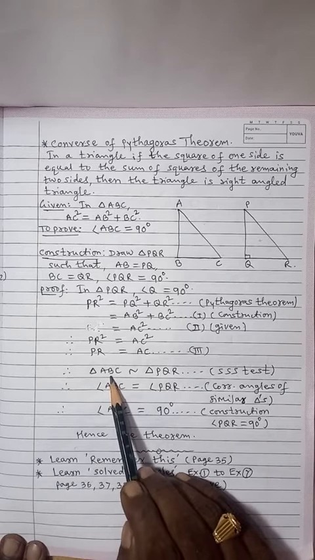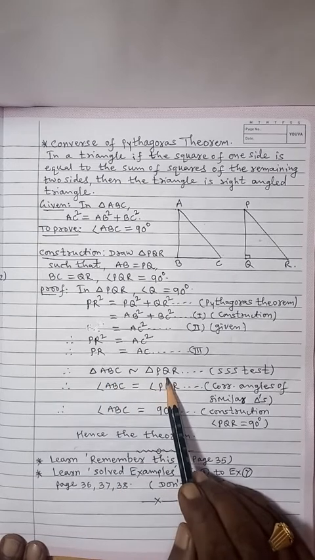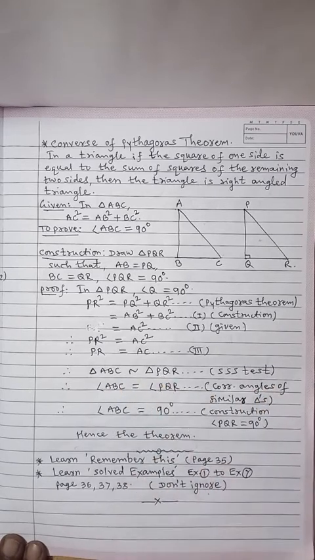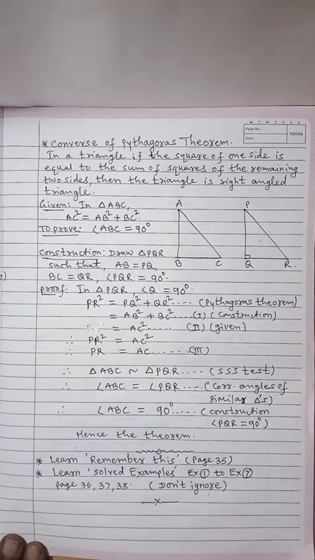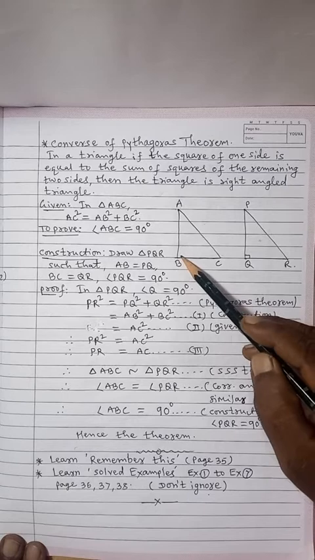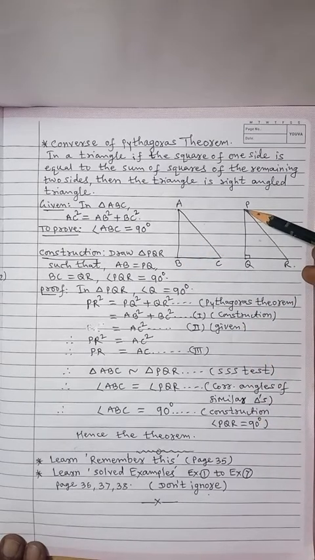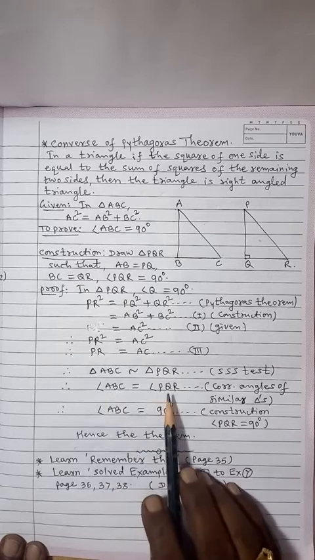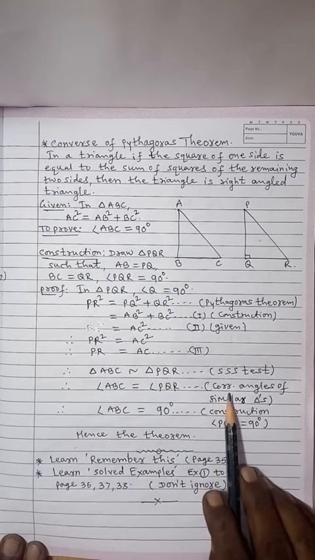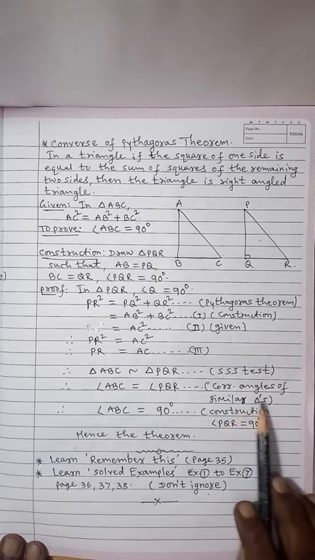So triangle ABC is similar to triangle PQR. Reason: side test. Triangles are similar means corresponding angles are congruent. So angle ABC is congruent to angle PQR. These two angles are congruent. It means they are equal in measure. Reason for this: corresponding angles of similar triangles.